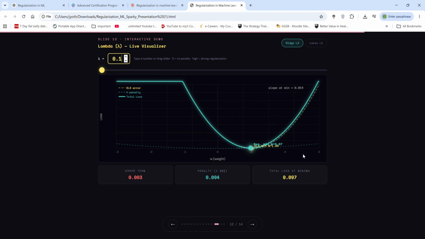Now again I will increase. We see that the slope is 0.14 when the lambda is 0.1, the error is 0.003, and the total loss is 0.097. So let's see what happens if I increase it to 0.02.